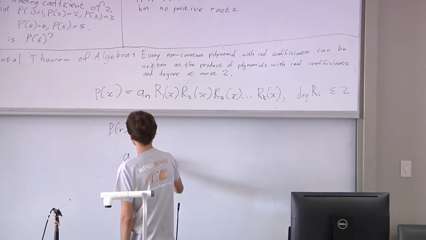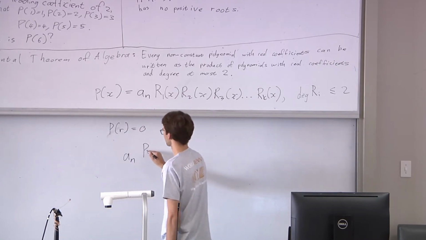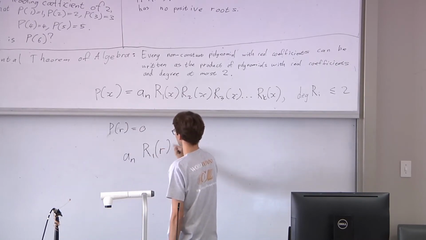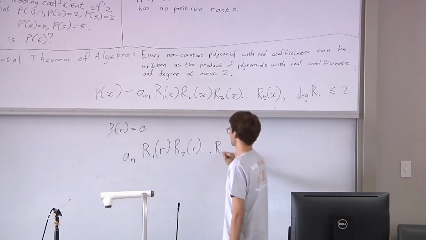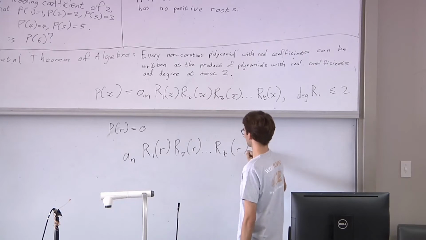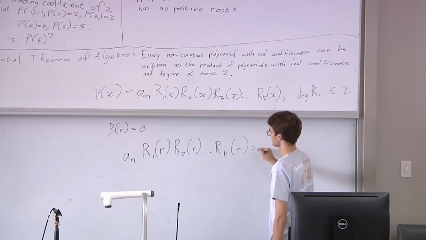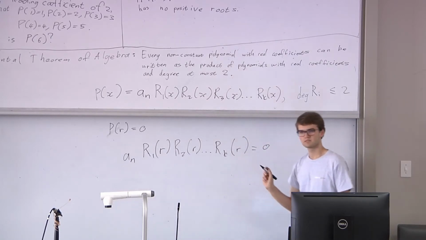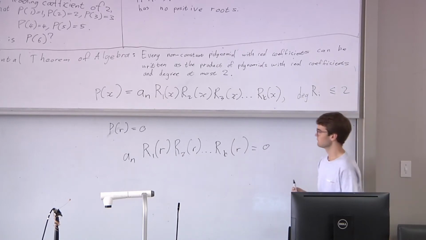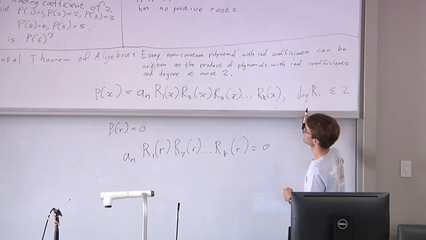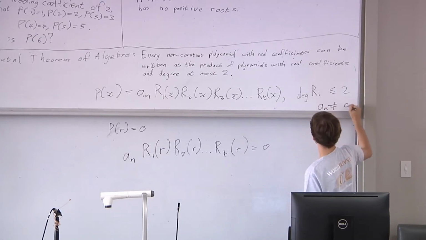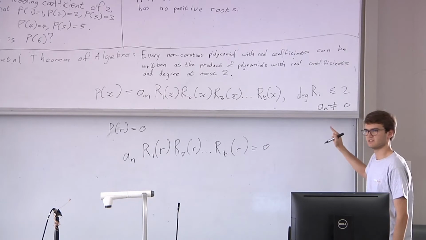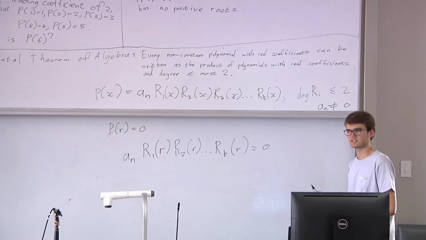So that means that a_n times (r minus r1) times (r minus r2) up to (r minus rk) is equal to 0. Also, I forgot to put that in the definition: the leading coefficient is always non-negative.